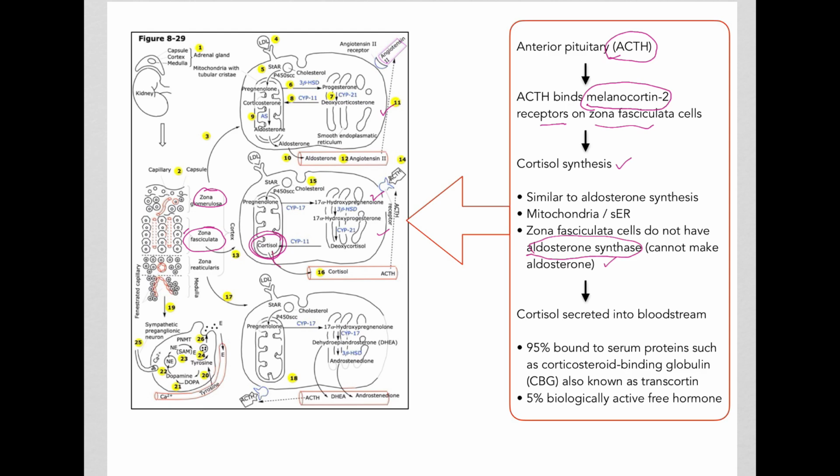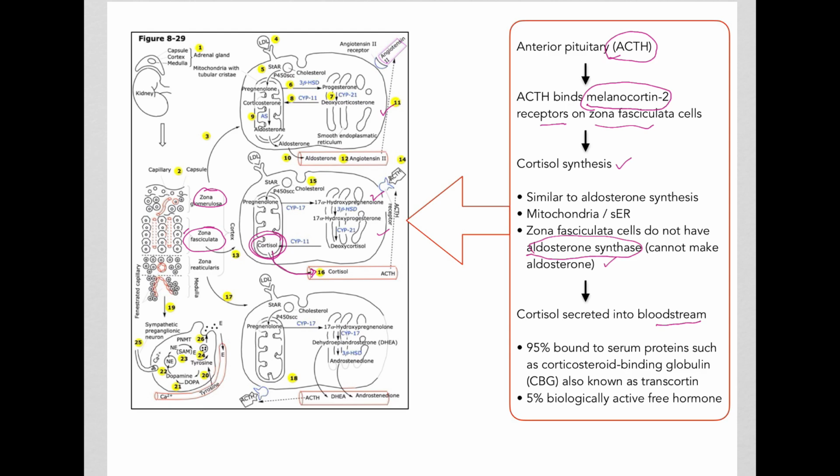Once this cortisol is made, it's secreted into the bloodstream, and in the bloodstream, most of the cortisol is bound to serum protein, because remember, this is a steroid, and most of it is not water soluble, only a small amount.